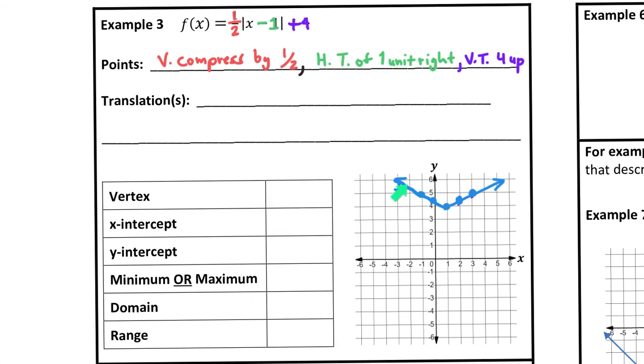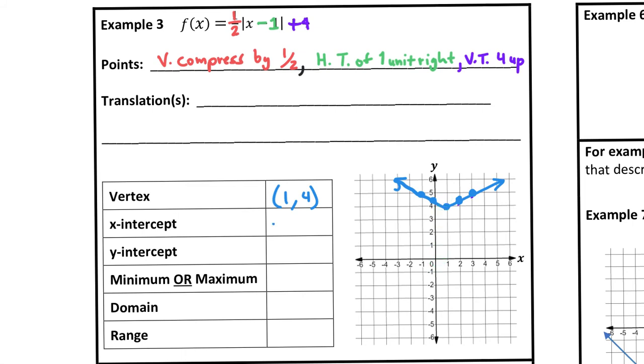So the questions are, what's the vertex? That's this point right here that's located at 1, 4. 1, 4. Why does that sound familiar? It's the transformations, sorry. It's 1, 4. Is the graph intersecting the x-axis?